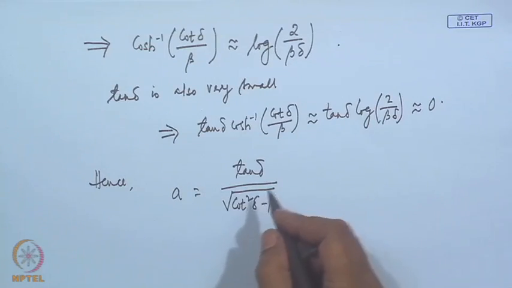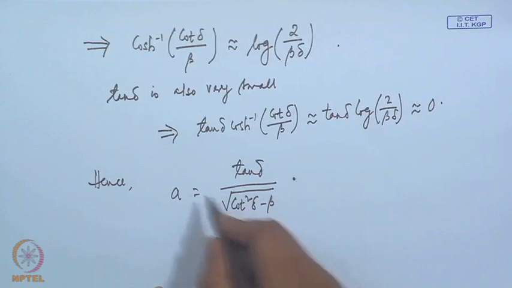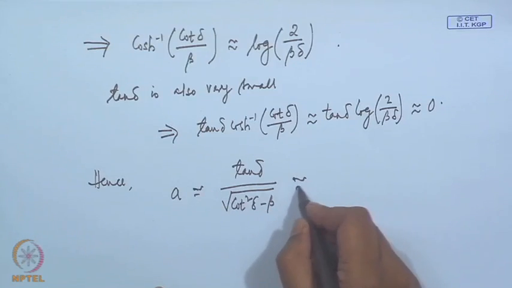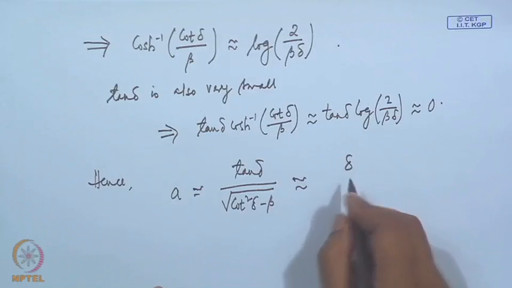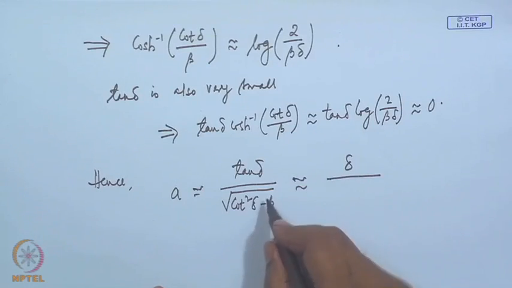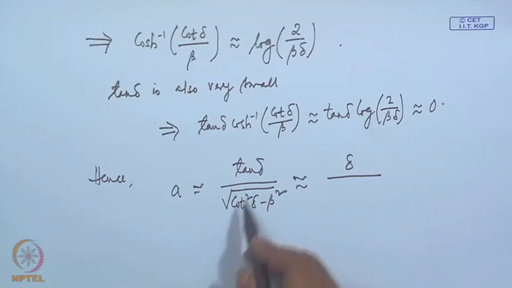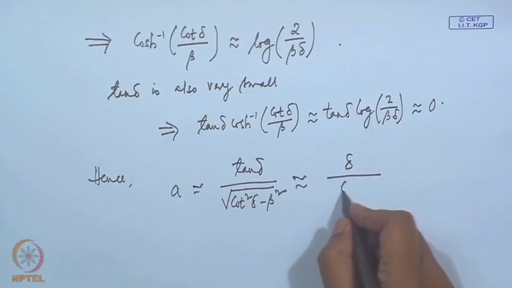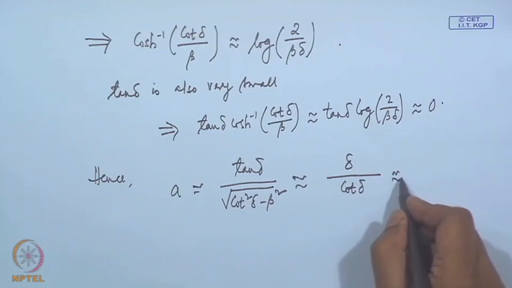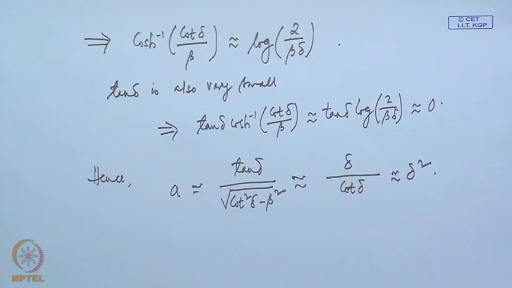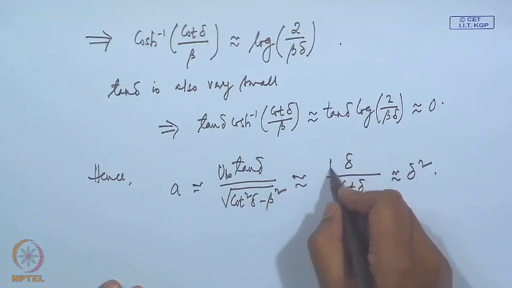And tan delta for small delta is approximated to be delta. Since beta square is much less than cot square delta, this can be written as simply cot delta, so this becomes tan square delta or delta square. Of course, u infinity is still there.